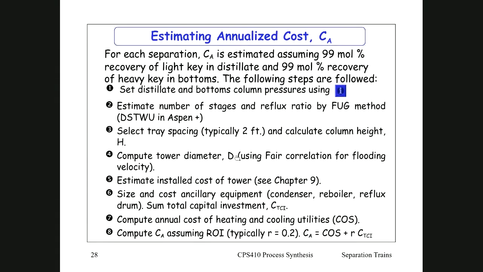So then you will have the tower diameter D and the tray spacing H, the height of the full column, and now you can find out the capital cost of the tower. And that's a whole new thing, and you'll be doing that in CPS next semester, CPS 421.